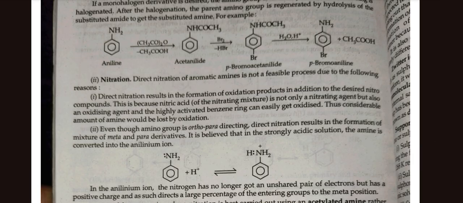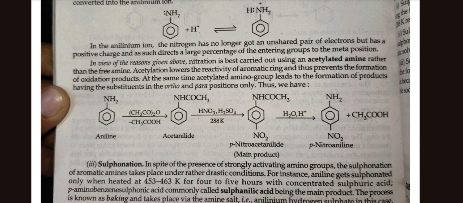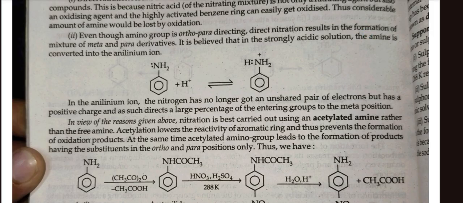It is believed that in a strongly acidic solution, the amines are converted into anilinium ions. In the anilinium ion, the nitrogen no longer has an unshared pair of electrons but has a positive charge, and as such directs a large percentage of entering groups to the meta position. In view of the reasons given above, nitration is best carried out using acetylated amines rather than the free amines.